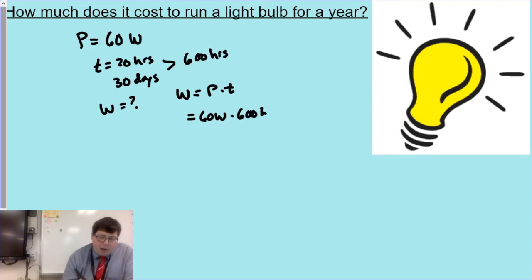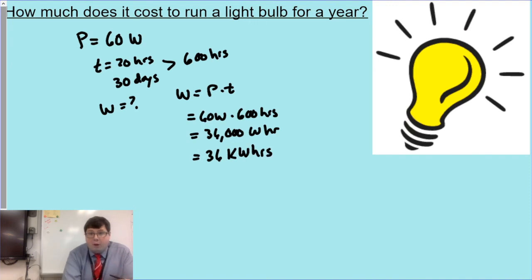So 60 times 600 is 36,000 watt-hours, which you might not think is a useful unit, but that's actually what our electrical companies use to calculate how much we owe them in terms of money. We're going to convert that, though, to a unit you might be more familiar with hearing from your power bill. 36,000 gets converted to 36 kilowatt-hours, a unit you might have heard of before.